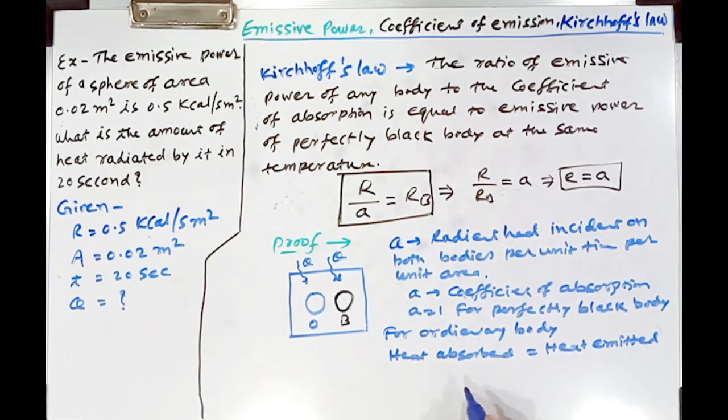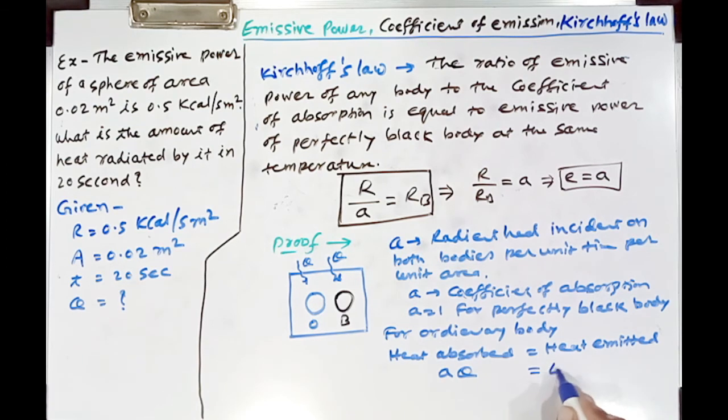So heat absorbed per unit time per unit area is equal to a into Q, because a part of the incident heat is absorbed by the ordinary body, and it is equal to heat emitted per unit time per unit area.